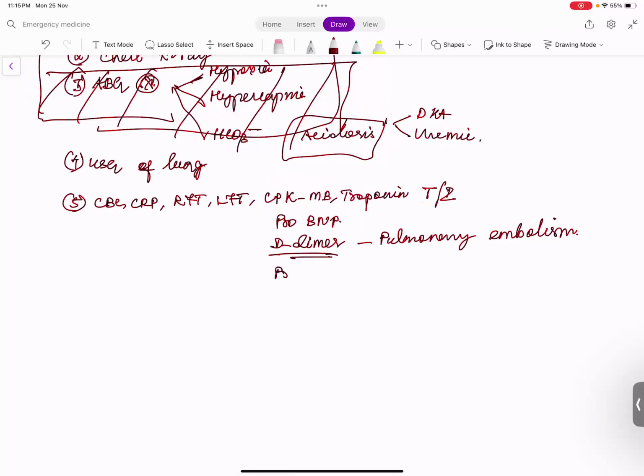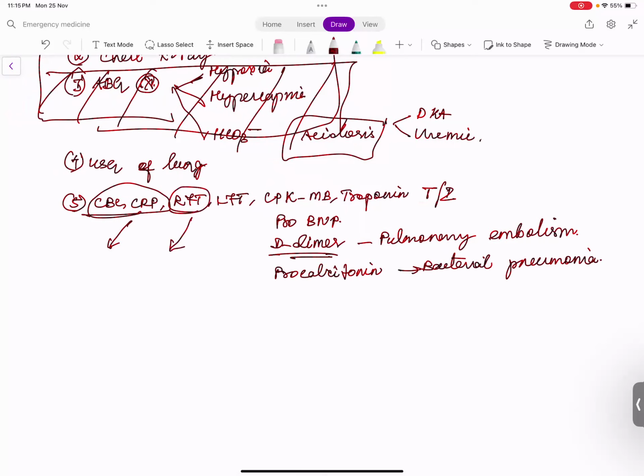And maybe some people send procalcitonin. If procalcitonin is elevated, the patient is having a bacterial pneumonia. So CBC and CRP can identify infections. RFT can identify that the patient is having renal failure as a cause of breathing difficulty.